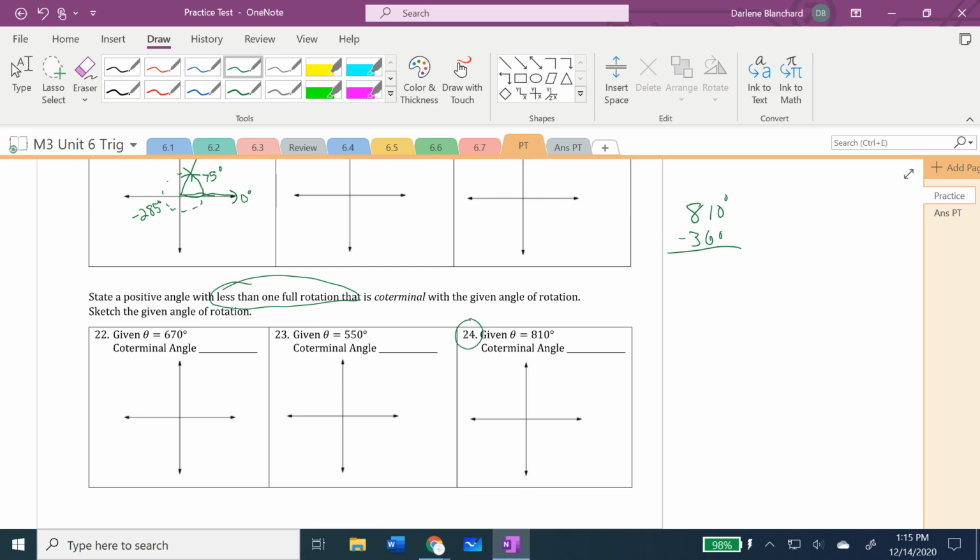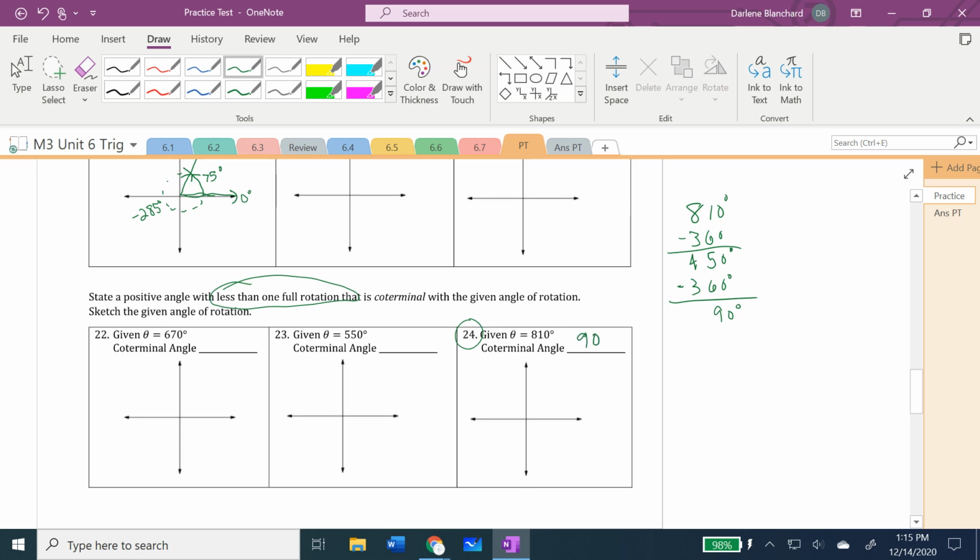That gives me 450. And that's bigger than 360. So I'm going to subtract 360 again. And that's going to give me 90 degrees.